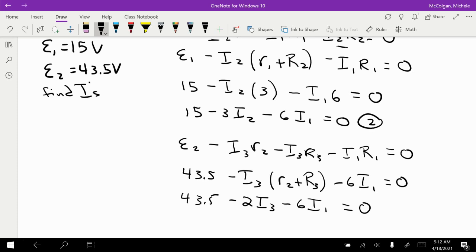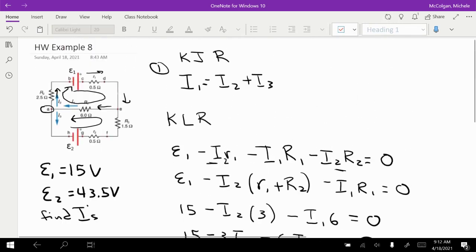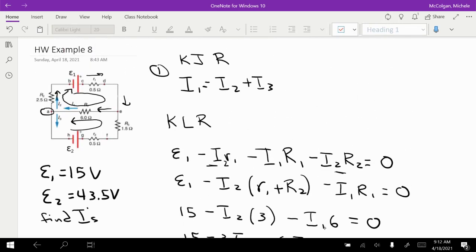Okay, so my next step is I've got 3 equations and 3 unknowns. So this is my third equation, right? And so what I need to do is use one of them to get some information about the other. So what I think I'm going to do is I'm going to plug in my equation 1 into equation 3. So let's look up here. I'm going to plug in I1 is equal to I2 plus I3.